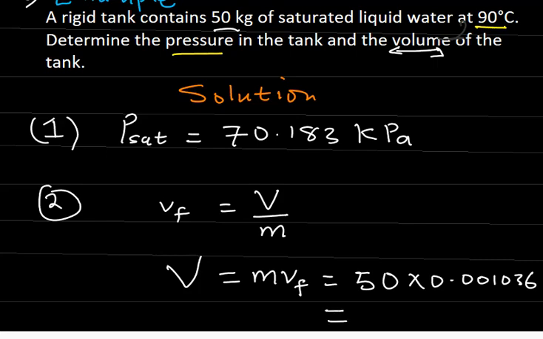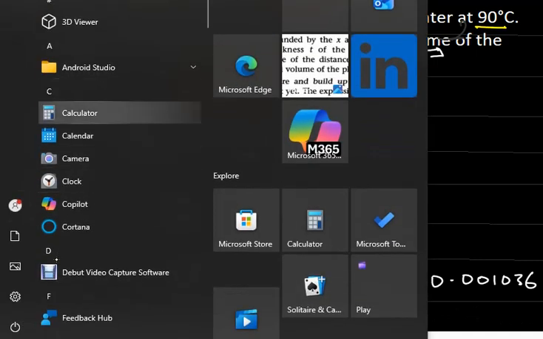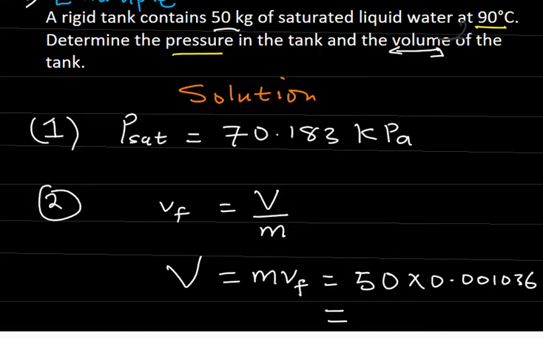If we multiply this, let me get a calculator. This is going to be 50 times 0.001036.